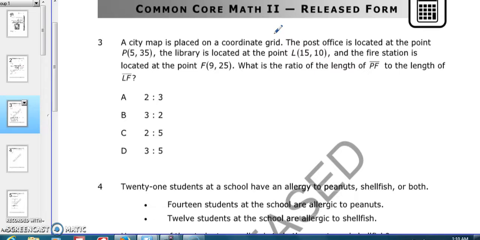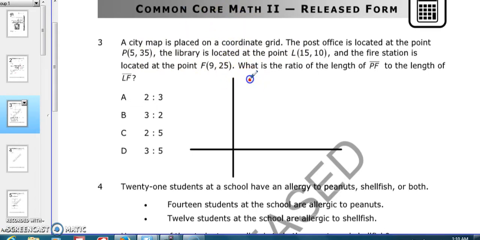So what we need to do is visualize this a little bit. If we were to draw a grid and start with point P at (5, 35), and I'm just going to approximate it here.